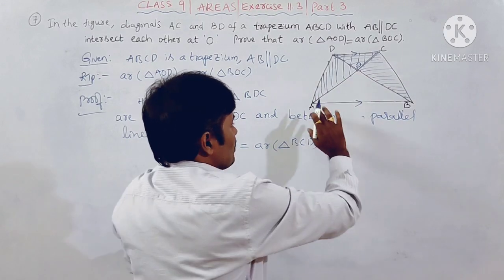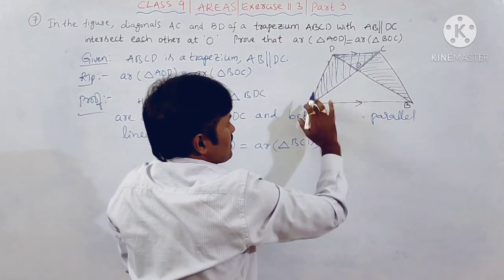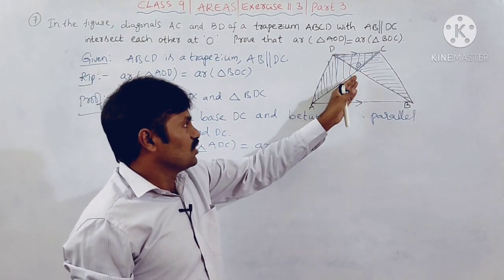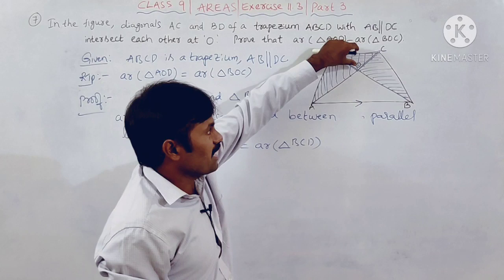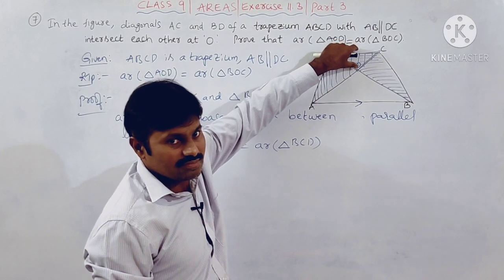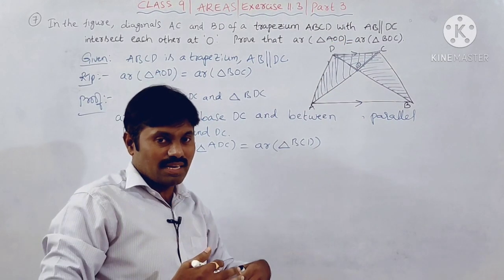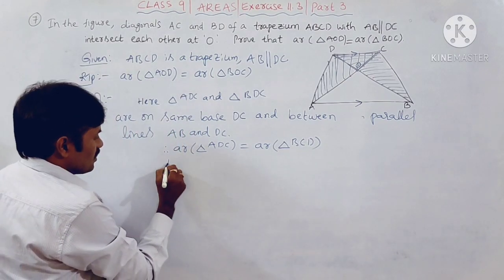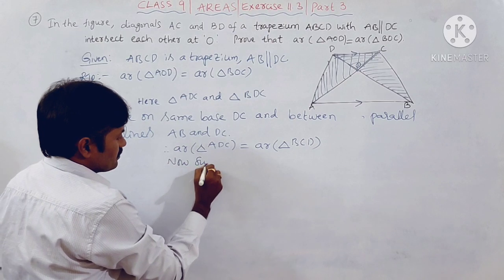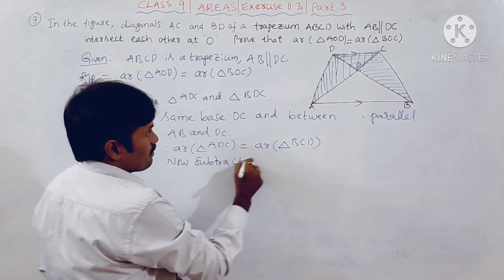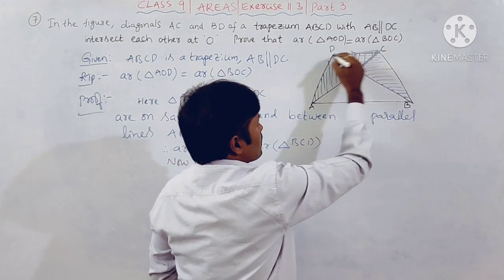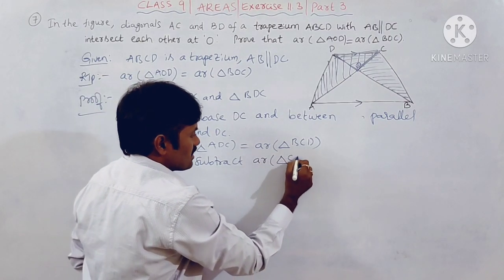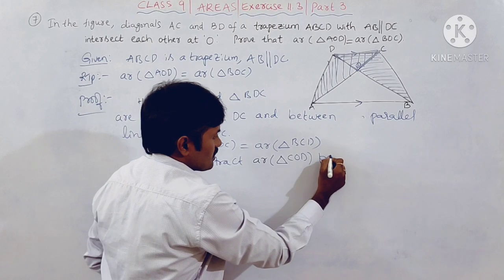Since we got the areas of ADC and BDC triangles equal, from these equal parts I am subtracting one more equal part, then the differences also become equal. So now subtract this region, the area of triangle COD, from both the sides.